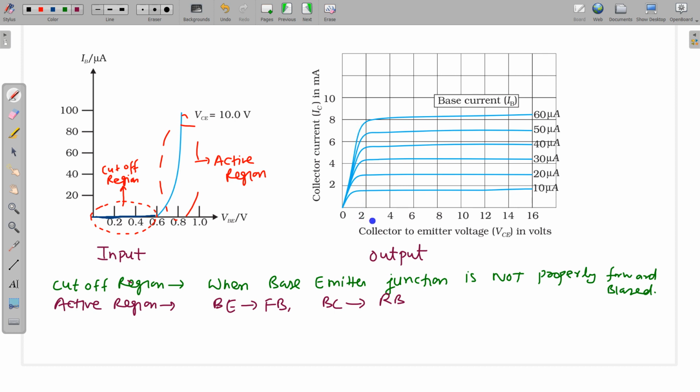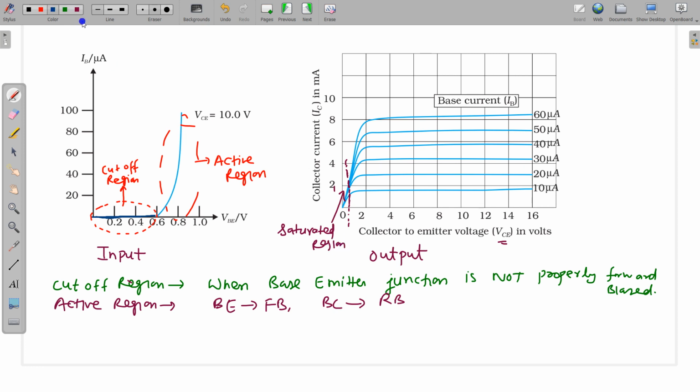In this diagram also, when VCE is low, as we have already seen, it is not properly reverse biased, so there is very little collector current, and in this region we call it the saturated region.